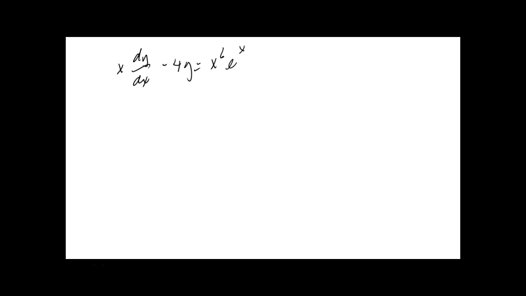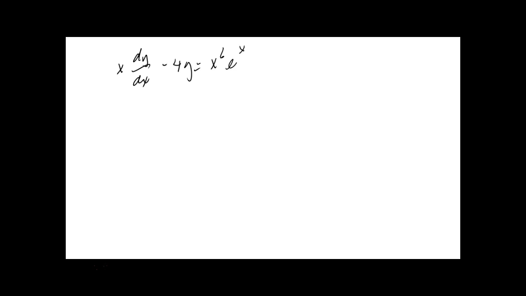I was trying to get it in standard form. Yes, that's the next thing we're going to do, but I want to make sure it's linear. The dy/dx is to the first power, the y is to the first power, and there are no products of those. So yes, this is linear form.